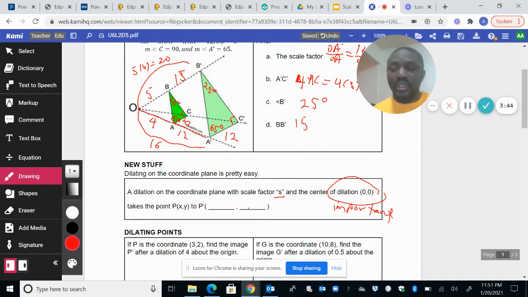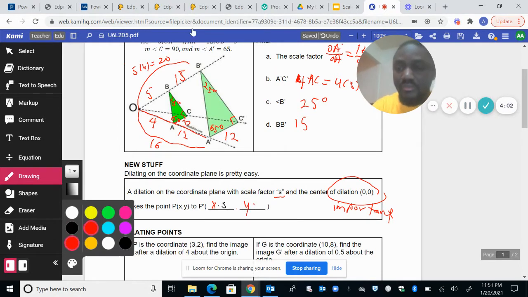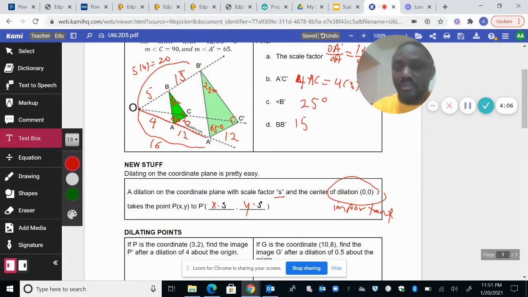We'll take the point P(x, y), the pre-image, to the image P prime as what? X times S and Y times S.